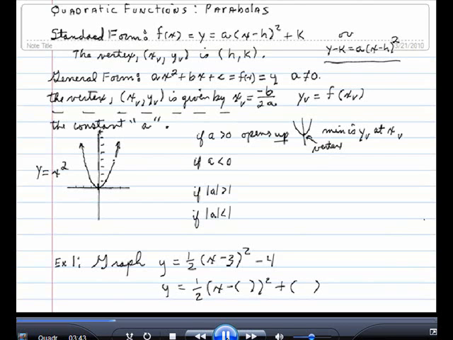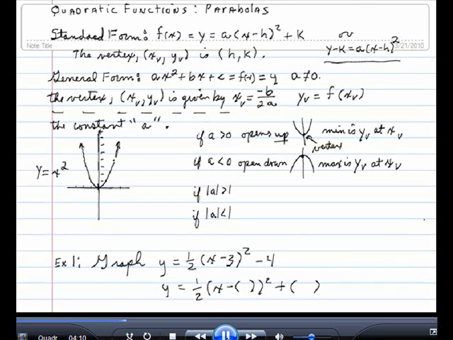X vertex. Now similarly, if a is less than 0, the parabola will open down. If it opens down, it looks like this, and instead of a relative minimum, it is going to have a relative maximum, and we would say the maximum is y vertex at x vertex.